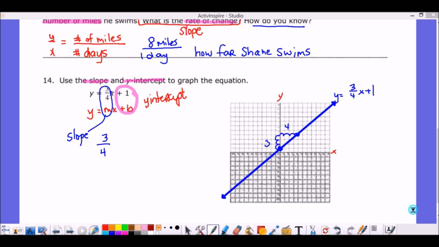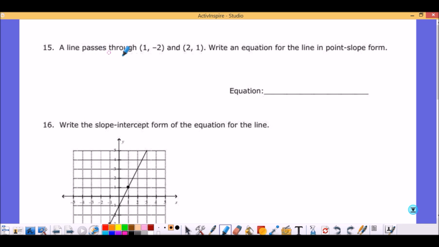Problem number 15, I have a line that passes through these 2 points. Write an equation for a line in point slope form. Alright, so the first step I need is I need to find my slope. So the first thing I'm going to do is I'm going to make my points in table form, 1, -2, 2, 1. Alright, and just like before, I'm going to change the direction of my table.